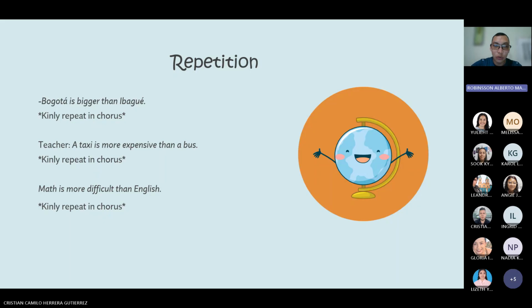So in this example, we have to add more, the adjective, plus than. Different from big. Big is just one syllable. That's the reason we have to add only the er. When we have more than two syllables, we have to add more and the adjective in the same form. Okay, next slide.